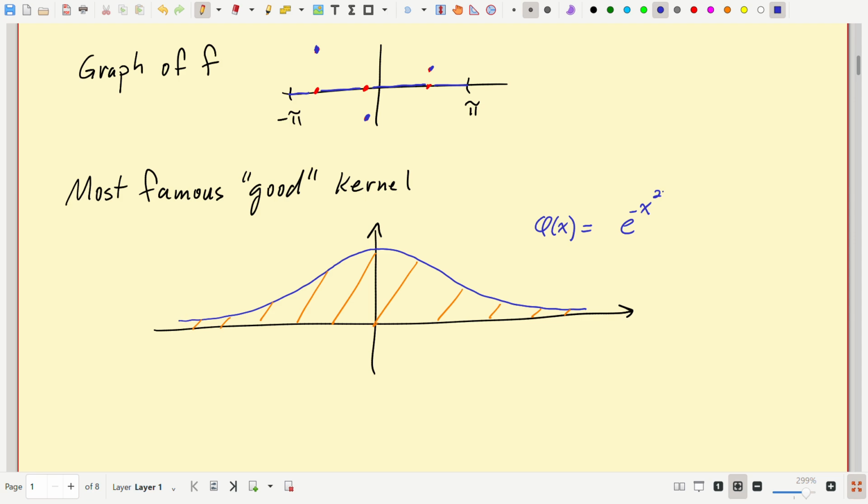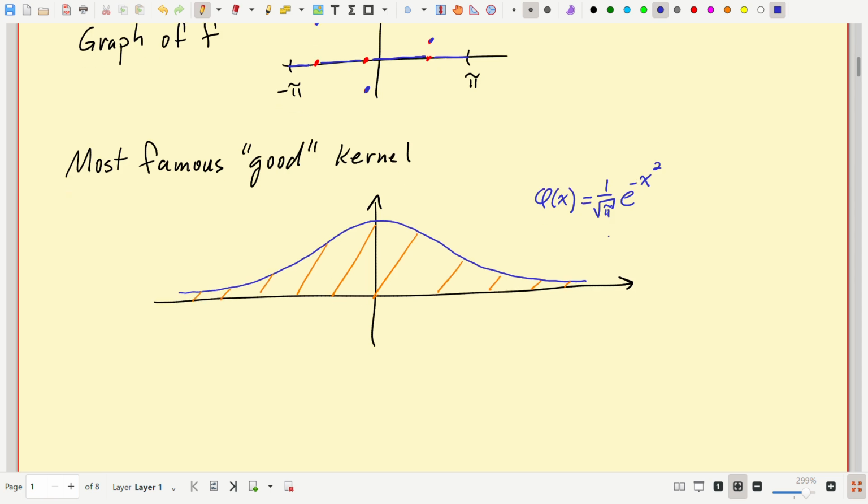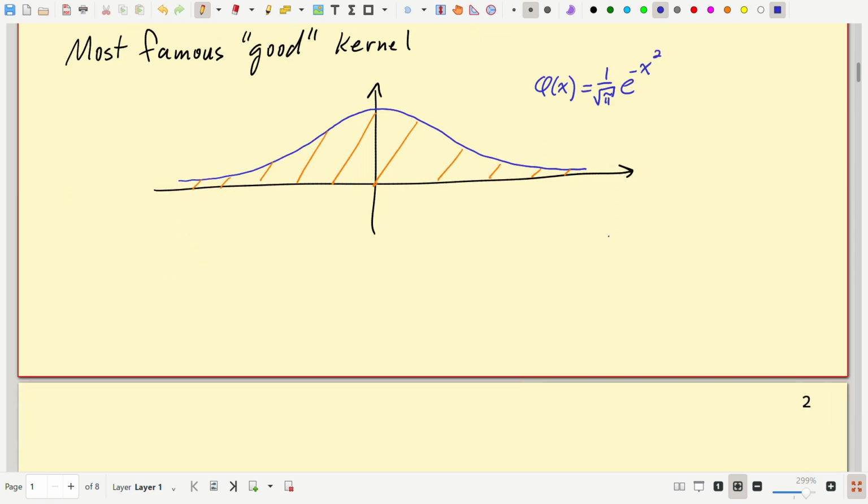That's the Gaussian distribution. And to make that area 1, we normalize it by dividing by the square root of pi. Okay, and to turn that into a good kernel, I want to concentrate that bump so it's gigantic at the origin and small everywhere else.